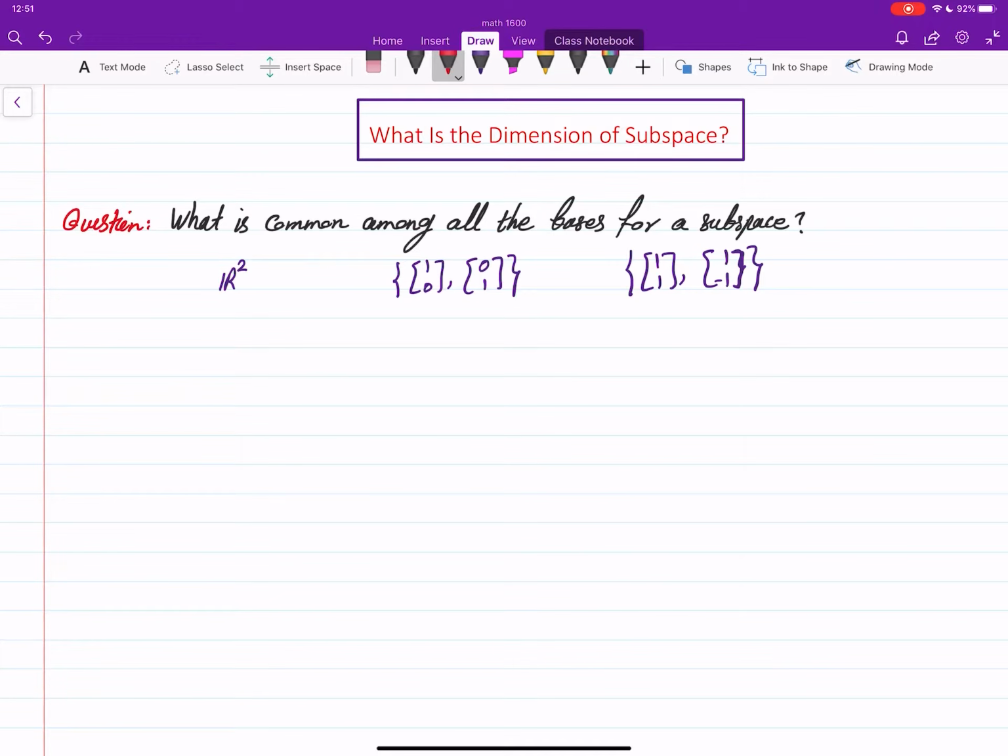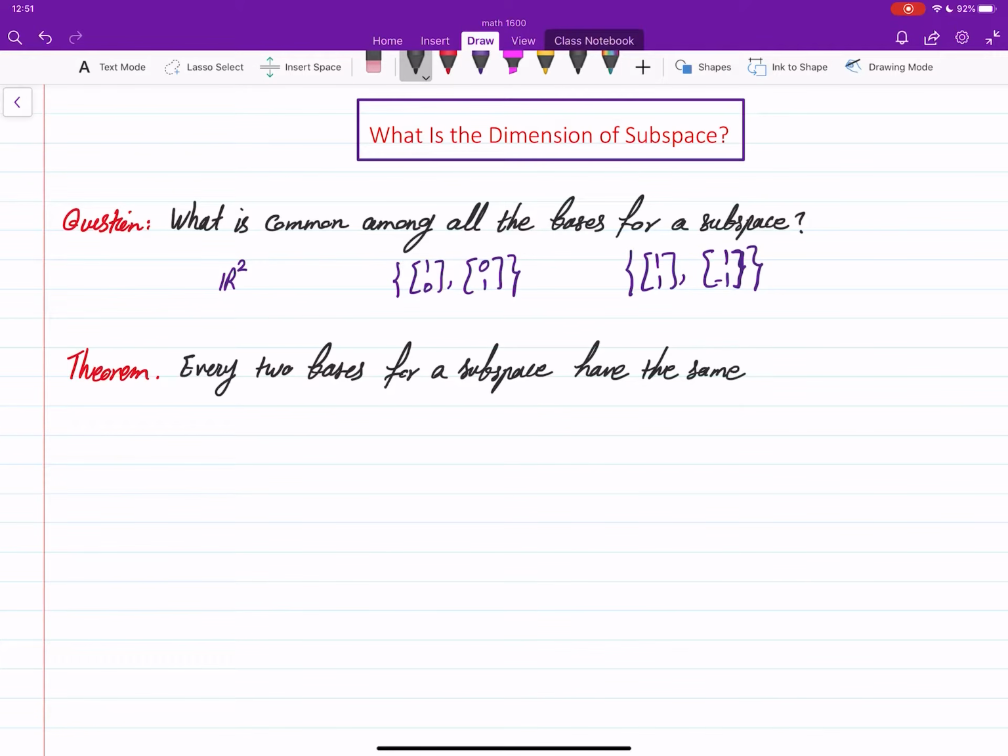The theorem says every two bases for a subspace have the same number of vectors.